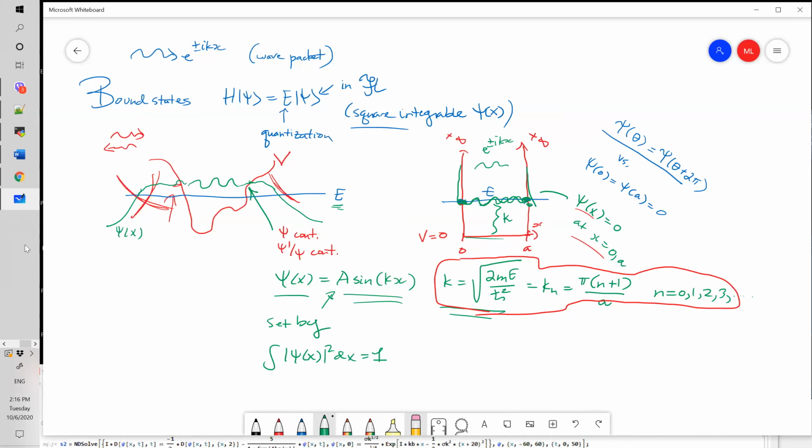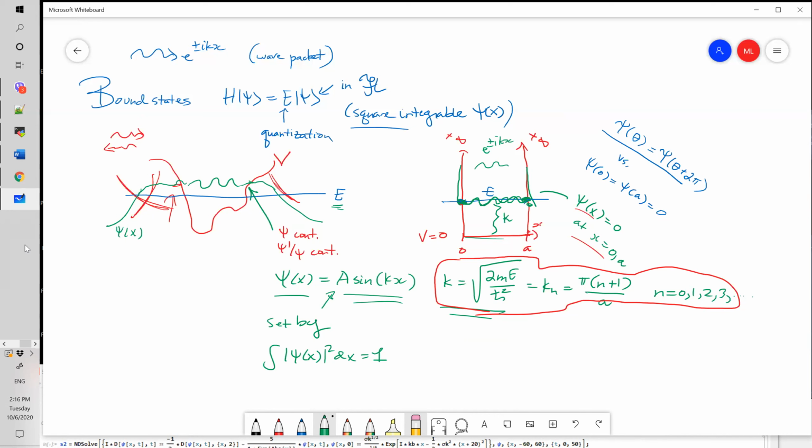So you make sure it's square normalizable, it's square integrable, and you set the integral of the square equal to 1. So these are different kinds of states. They don't correspond to particles coming in from some source. They correspond to a particle having some particular energy and just sitting there at that energy. And so in this case, its wave function is a part of our Hilbert space.